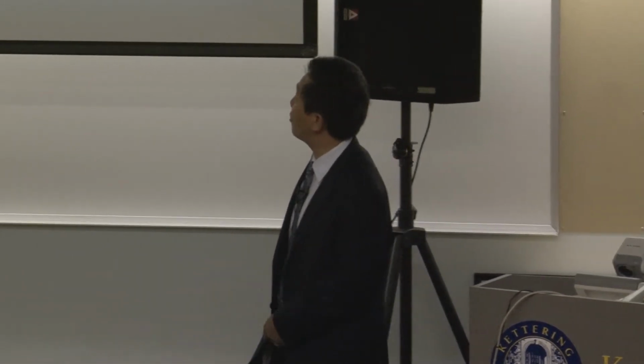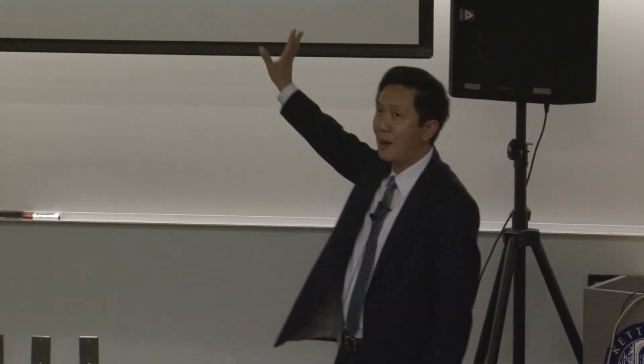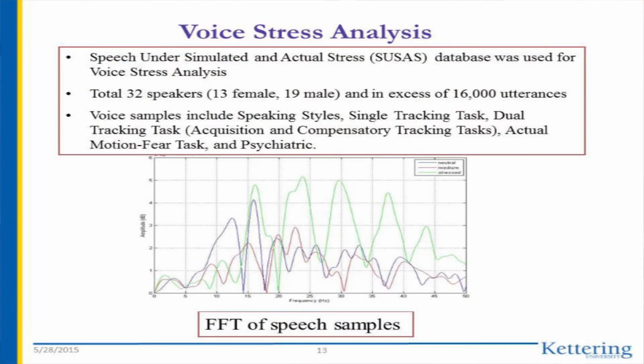So what we did, here's an example. We used a data set that is commonly used for voice stress analysis. This is an FFT, fast Fourier transform, of the voice signal samples.